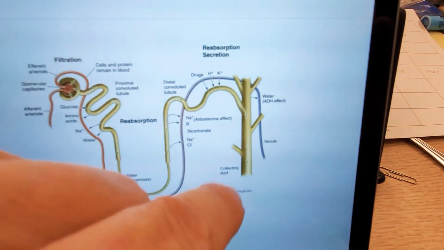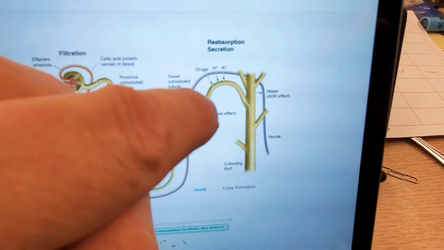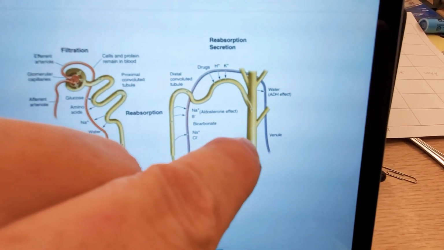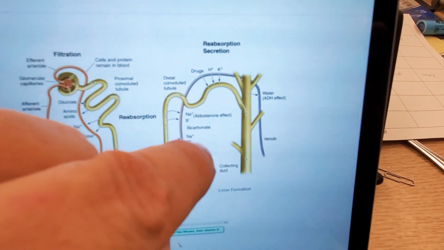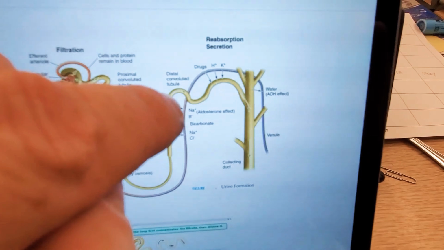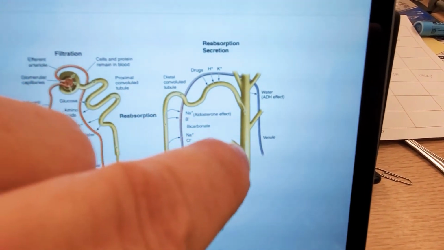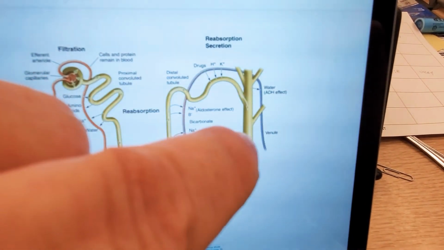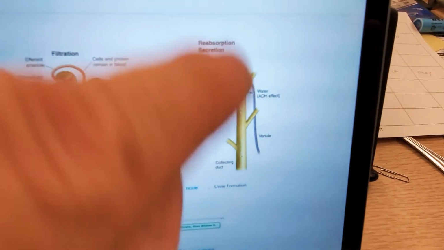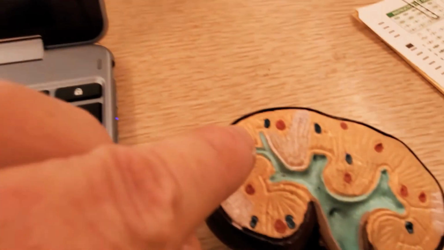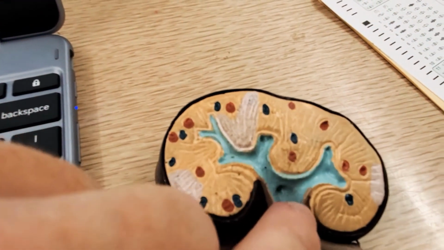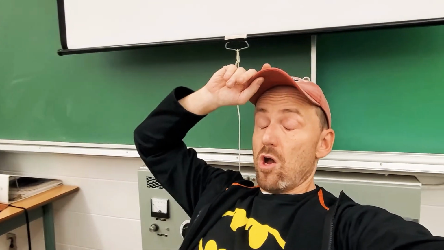This is where a lot of water gets pulled out. As well, a little bit of urea gets pulled out, but this urea just goes back into the convolution, and only a tiny bit leaks out. But most of the urea goes out into the renal pelvis, down the ureter, into your bladder, out your urethra, and you pee.